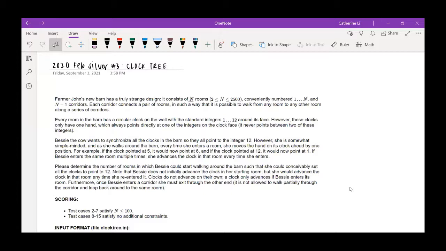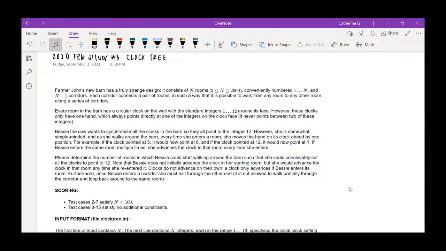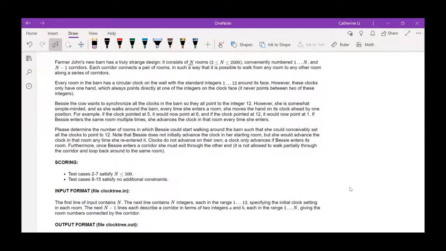Yeah, so here's the problem. It's from 2020 February, silver, and it's called Clock Tree.